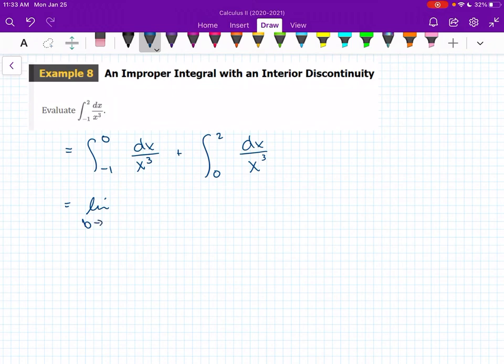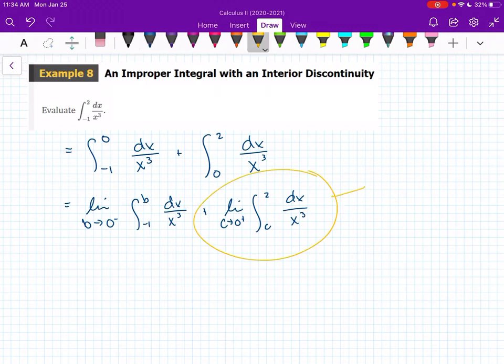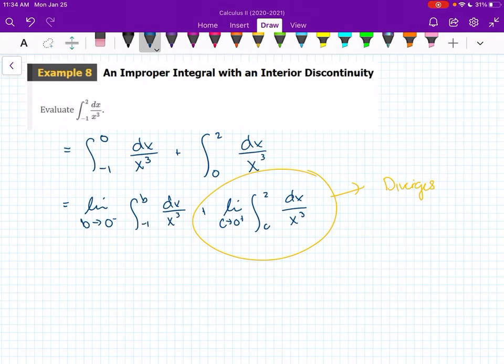So if I pick b on the left-hand side here, from -1 to b, then I'm going to make sure I pick c on my other one. We already know that this diverges, since our last example told us that this one diverges. Okay, so it diverges by the last example.